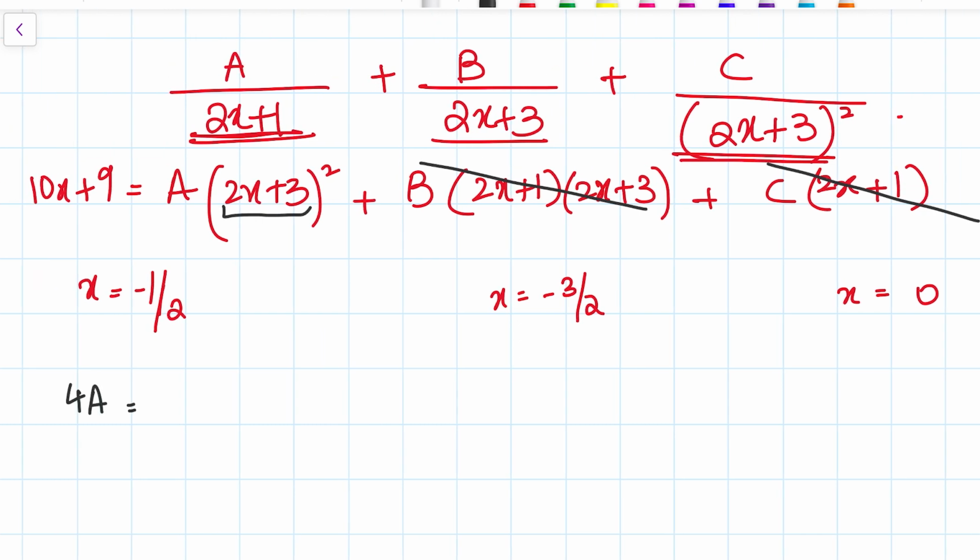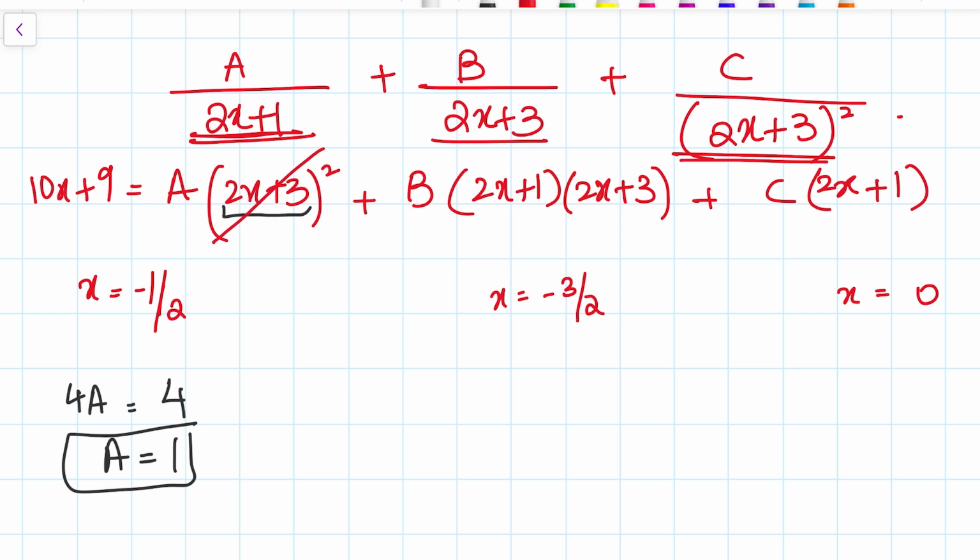Equals, this becomes 10 into minus 0.5 plus 9 gives you a 4. So A is 1. I've done it directly, done the calculations in the calculator and mentally. Now when you input minus 3 upon 2, this cancels out. This also cancels out. 2 into minus 1.5 plus 1 is minus 2, C equals 10 into minus 1.5 plus 9 gives you a minus 6. So the value of C becomes 3.